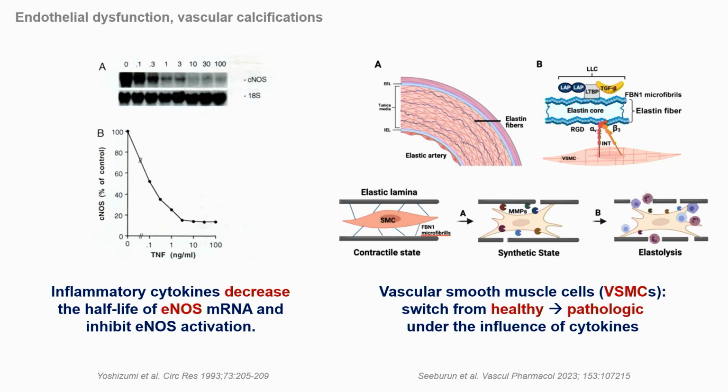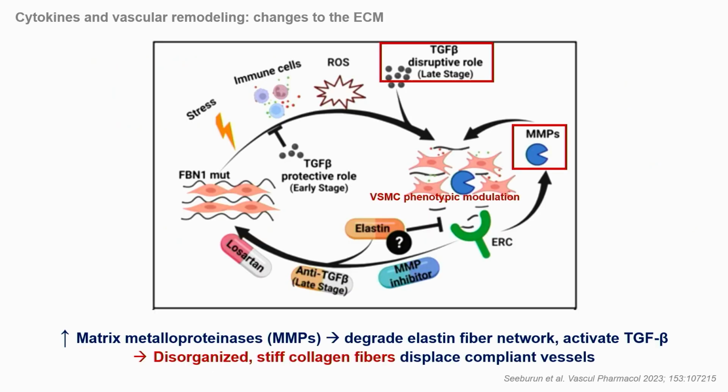The smooth muscle cells themselves become transformed into a pathologic form under the influence of cytokines, which makes the arterial wall stiffer. Here you can see that these cytokines orchestrate a pro-stiffening environment through several downstream effects, most notably the dysregulation of the extracellular matrix, the ECM.